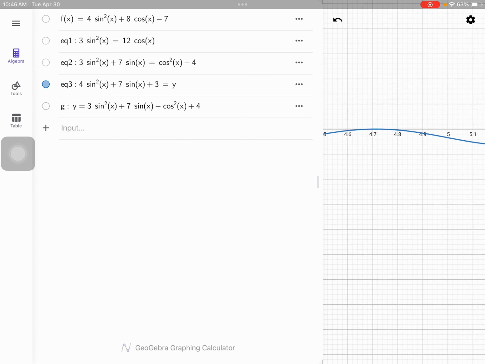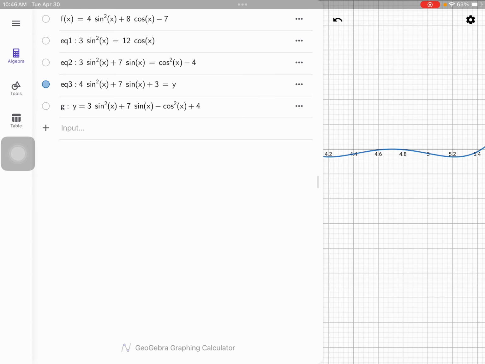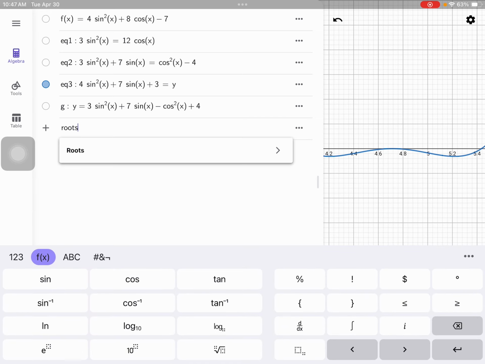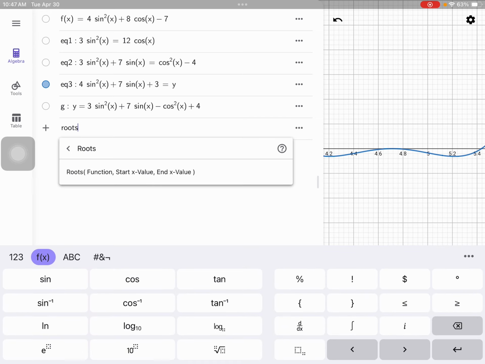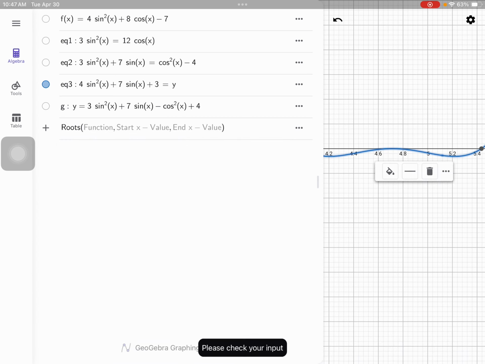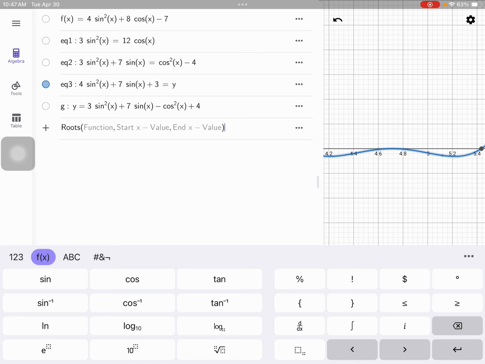No? It's going to be that right there. Roots from function is that. Function is, say, g from 4.4 to 5, and it's not going to give us anything.